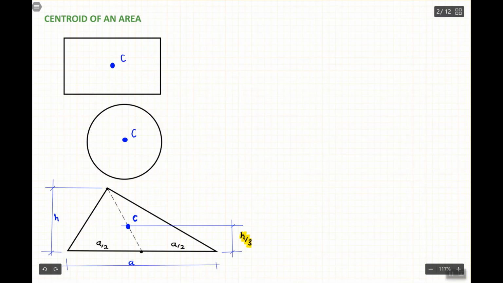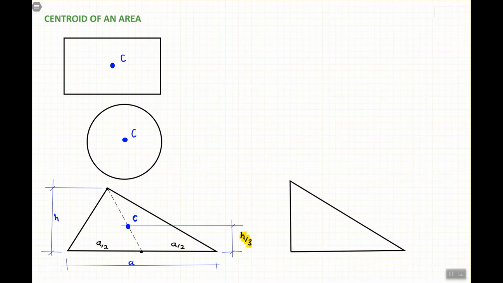For a special case, let's say a right triangle, in order to find the centroid, this is how we do it. We simply draw one line parallel to one side of this right triangle and one line over here, and keep in mind this is a right triangle.